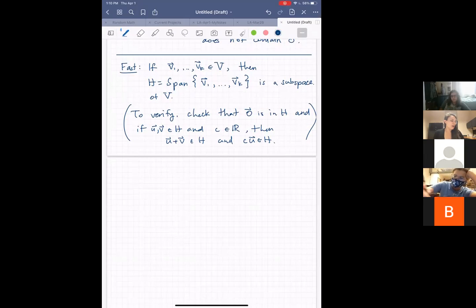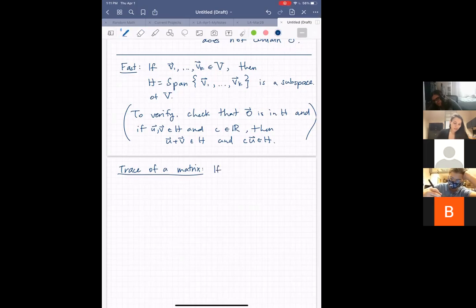Okay, so we can have a somewhat interesting example of a subspace, but first we should define something which is called the trace. This is the trace of a matrix. So like the determinant, this is just a number that you compute that is given for any n by n matrix.